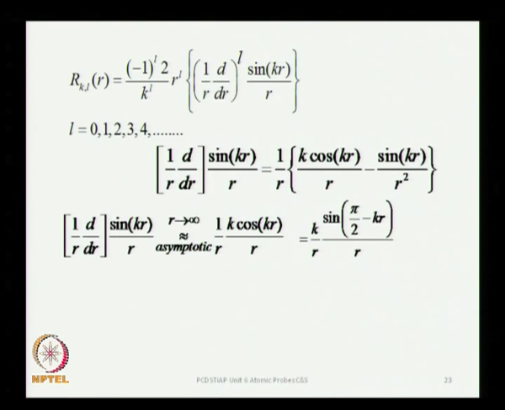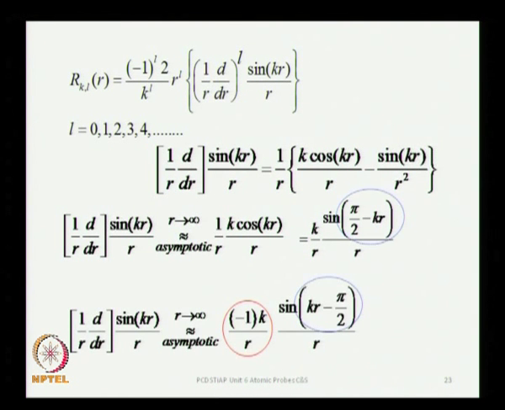But your original function was a function of kr and not minus kr. So change the sign of this angle. Instead of pi by 2 minus kr, make it kr minus pi by 2. That will pick up a minus 1 sign here. And now you have got a prescription that the effect of this operator 1 over r d over dr is essentially this.